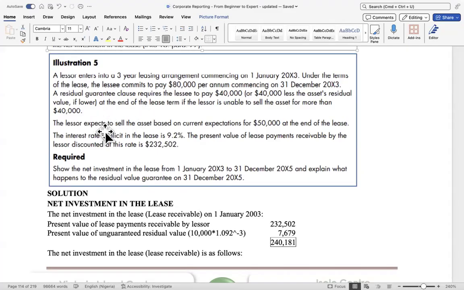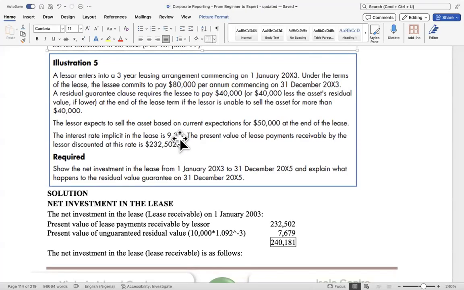The lessor expects to sell the asset based on current expectations for 50,000 at the end of the lease. The interest rate implicit in the lease is 9.2%. The present value of lease payments receivable by the lessor discounted at this rate is 232,502. Required: show the net investment in the lease from 1st January 2003 to 31st December 2005 and explain what happens to the residual value guarantee on 31st December 2005.